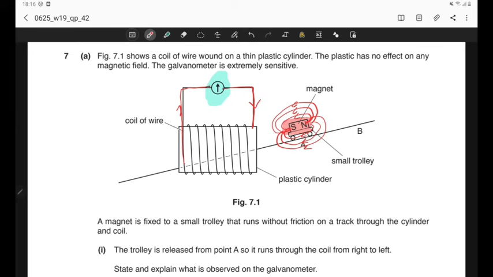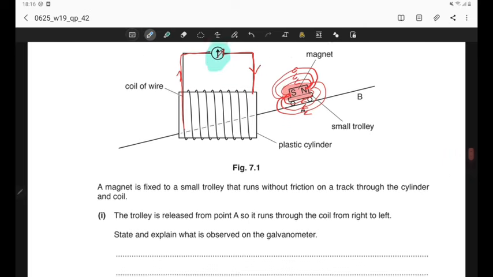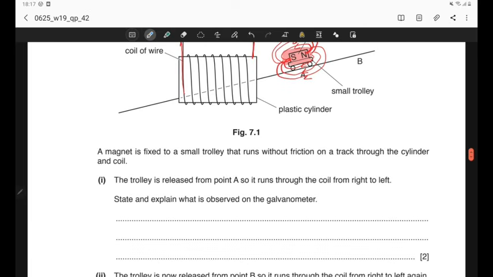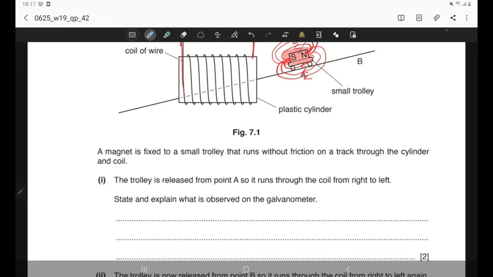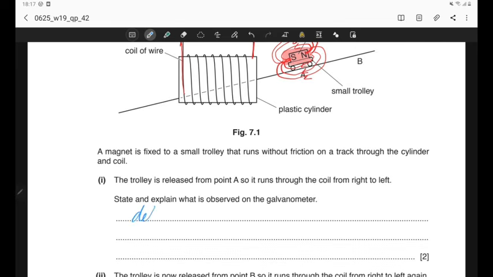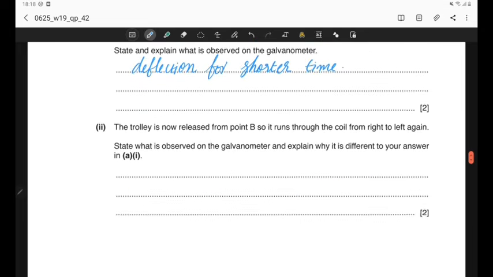So the galvanometer will deflect, or it will show a reading because of the flow of current. This is what we can observe. So we can write, we can observe a deflection on the galvanometer, and for a short time only, during the time when this trolley is passing inside the coil. So we can write deflection for shorter time.